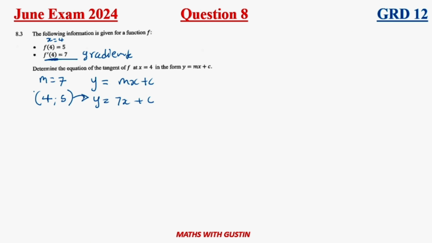We substitute them in this equation, y is equal to 5 and x is equal to 4. Then we can easily find c, and if I did this correctly, our c should be negative 23. So now we have our function, which is just 7x minus 23. Easy, straightforward, if you understand the principle.